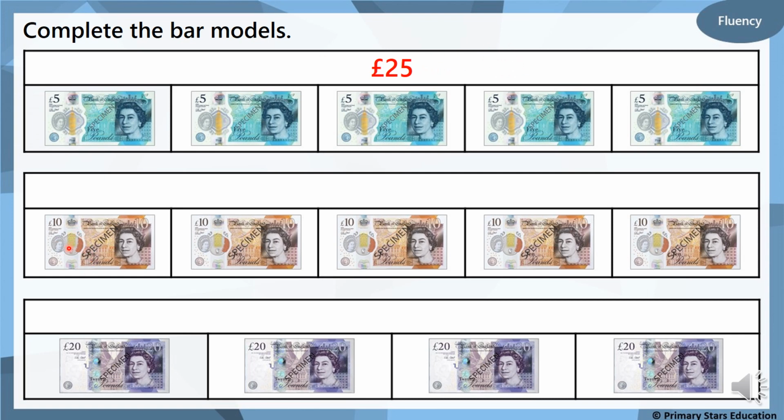Looking at the next one, we've got 10, 20, 30, 40, 50. £50 is the whole amount. Go to the next one. So this is in 4 parts. We've got 4 £20 notes. 20, 40, 60, 80. £80 in total.